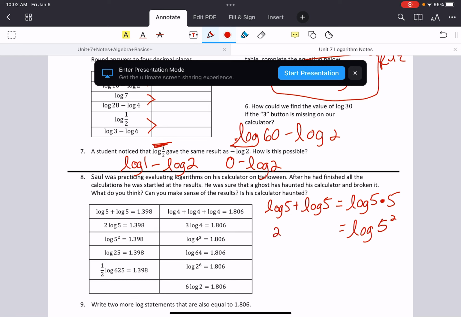And then 2 log 5. Because if I have the same thing being added, can't I say that there's 2 of them, right? Okay, so let's pause on that one, and then I'm going to write this next one here. Log 4 plus log 4 plus log 4. So one way to write that is if I have the three of the same thing being added together.